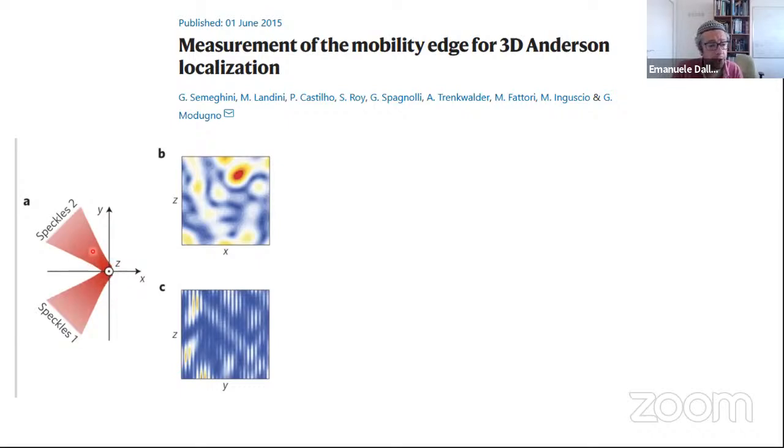The reason you use 2 speckles is that a speckle modifies both the intensity and the phase of the field, but the most important effect is in the phase. Usually the light that comes out from the glass has almost uniform intensity, but what changes is the phase. By having interference between 2 speckles, you translate the information from the phase to the intensity, because the intensity of the interference depends on the phase difference.